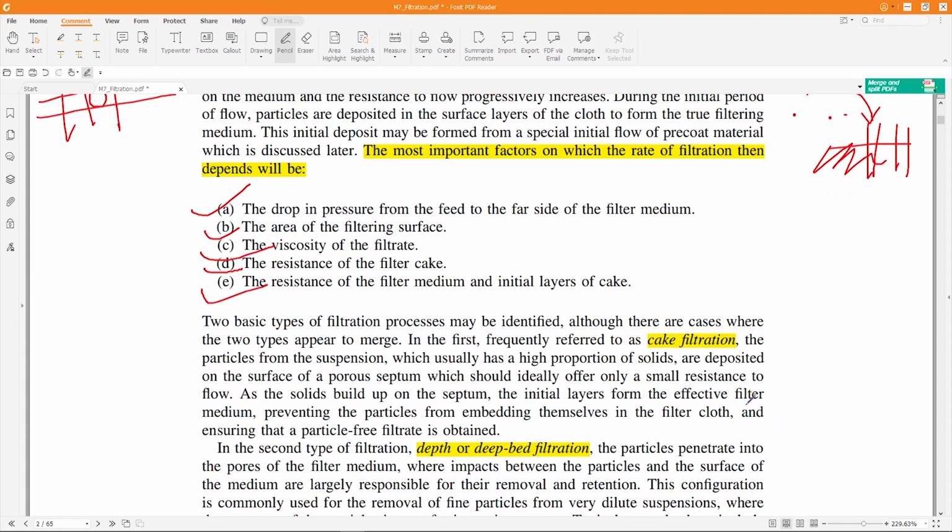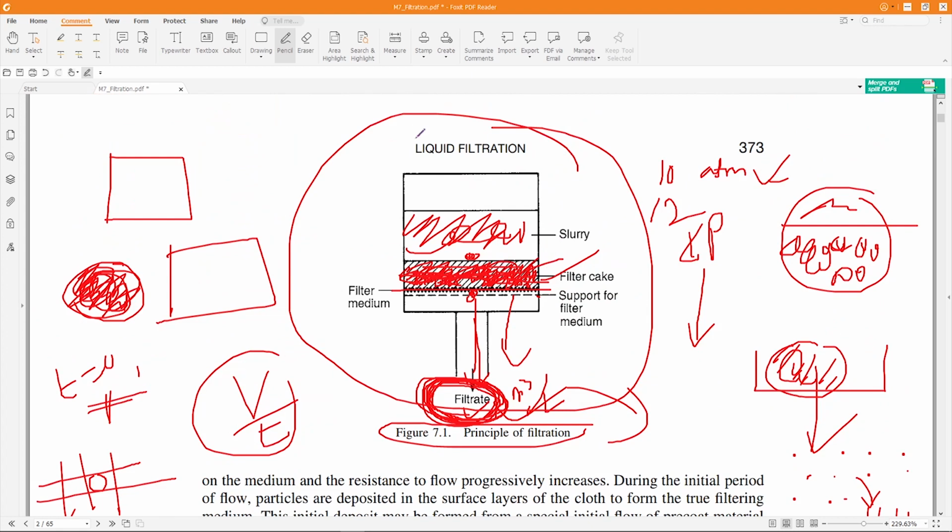So we have two types of filtration processes. One is cake filtration. Another is deep bed filtration. So what is cake filtration? As you can see here, in cake filtration, the filter cake forms.